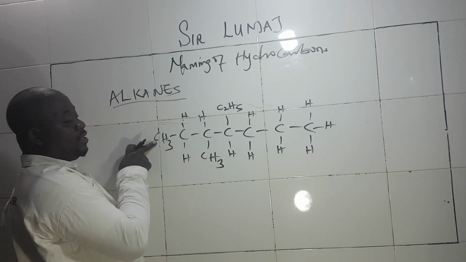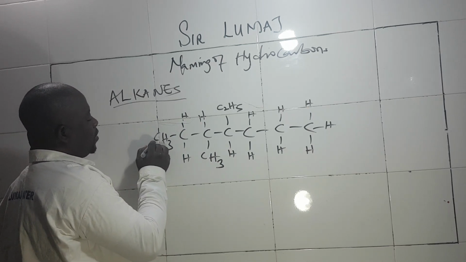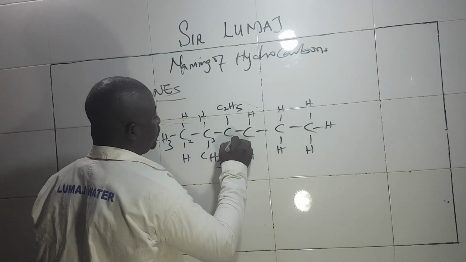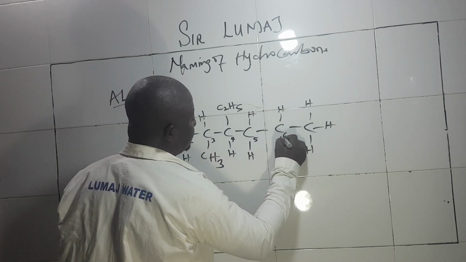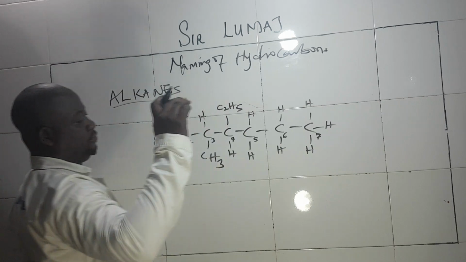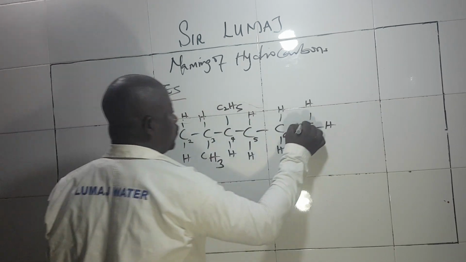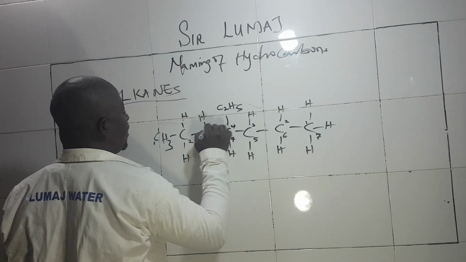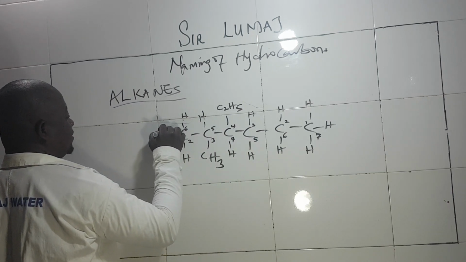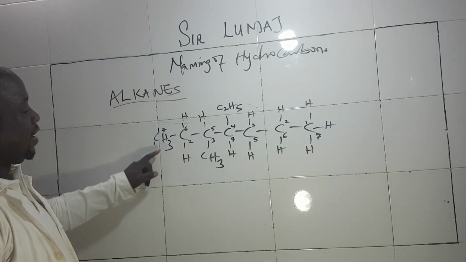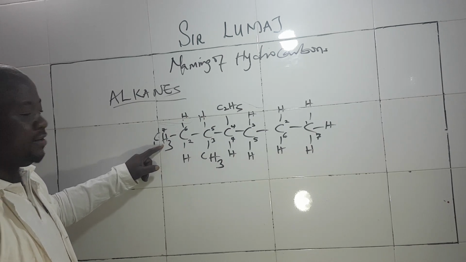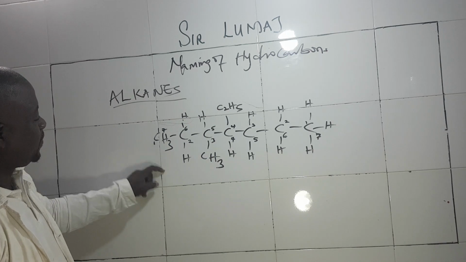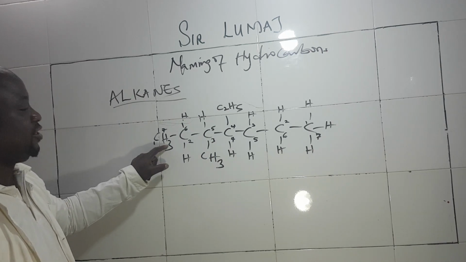Starting from here, you can see the carbon here. So this is carbon number 1, 2, I'm counting ascending, 3, 4, 5, 6, 7. If I go descending order, 1, 2, 3, 4, 5, 6, 7. You can see that I collapsed this H3. At times it can be H, H, H, but I've collapsed it to CH3.